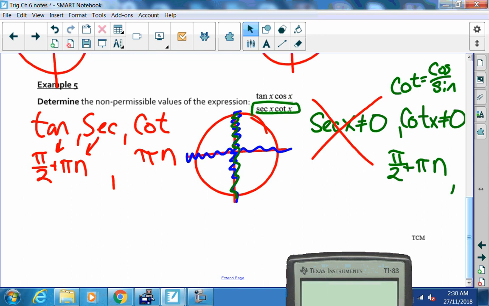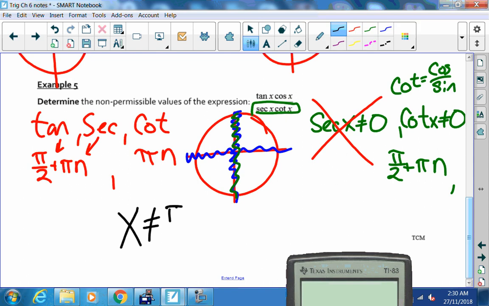So the non-permissible values are x cannot equal pi halves plus pi n, and just pi n. Or we could rewrite this instead of two different statements. I could go, wait a sec, all of my solutions are exactly pi halves or 90 degrees apart.